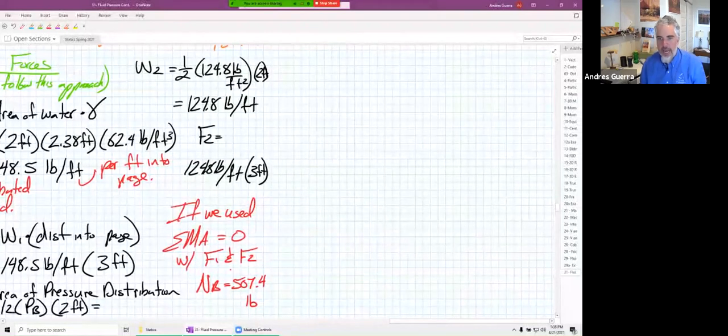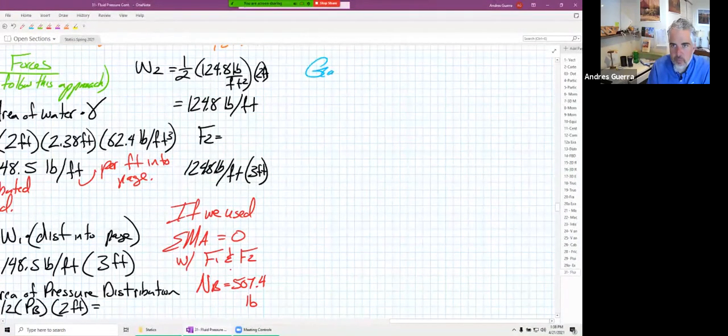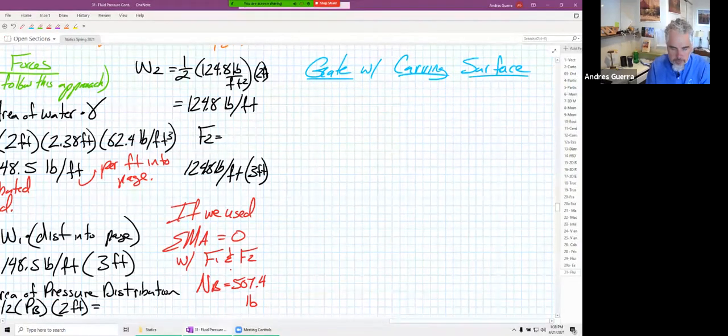Well, let's look at how we could apply this to a curving surface. Let's do a problem that looks like this, and let's draw a nice big picture.